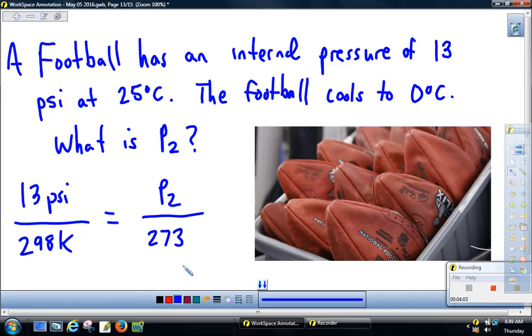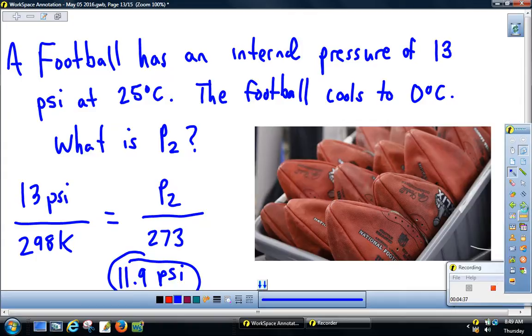So 13 times 273 divided by 298. We're looking at a pressure of about 11.9. So pressure could drop by about 1 pound per square inch. But the problem is one of those 12 footballs was still fully inflated. So unless the ball boy messed up on one of them, it does look a little suspicious. But the temperature change could have been a factor in the whole Deflategate scandal.